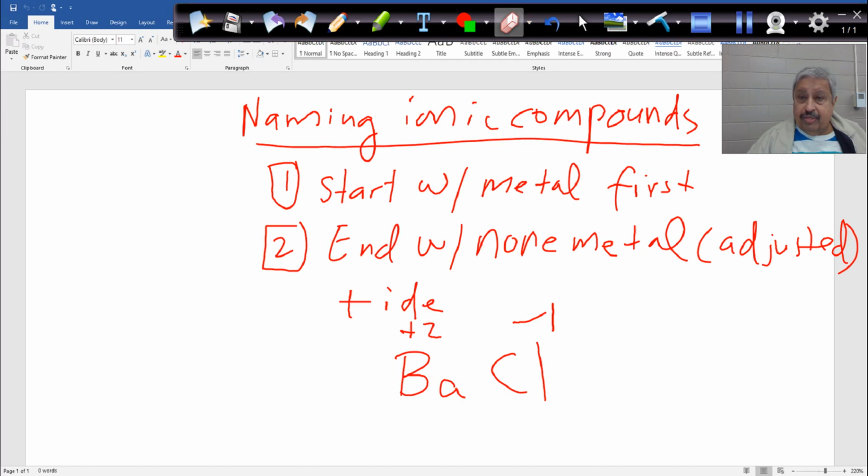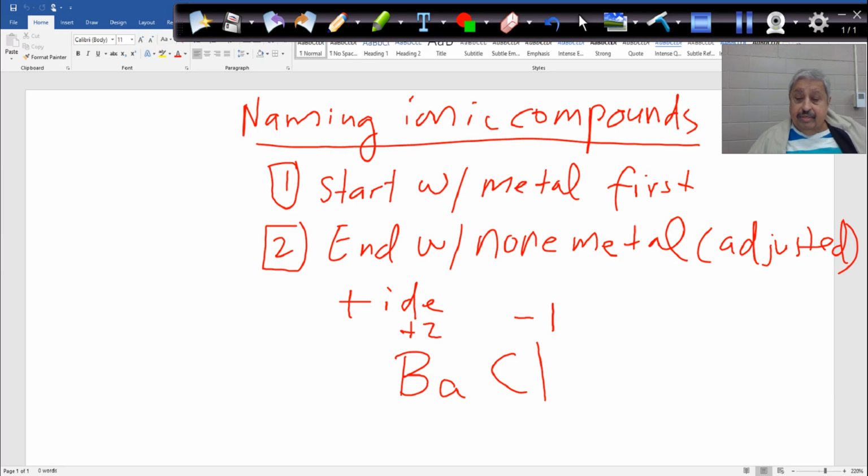Remember, we talked about the octet rule. They like to be close to the noble gas configuration. So group number 7 is -1, group 2A is plus 2. So this is barium and this is chlorine.